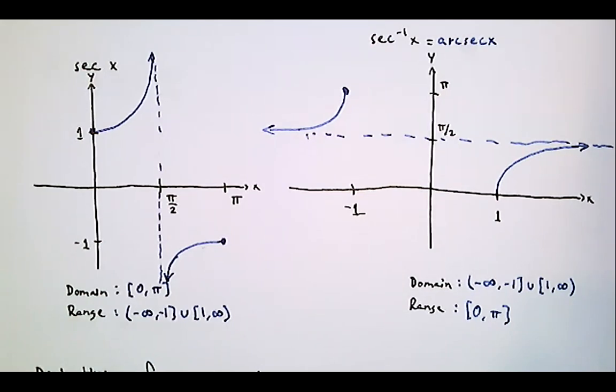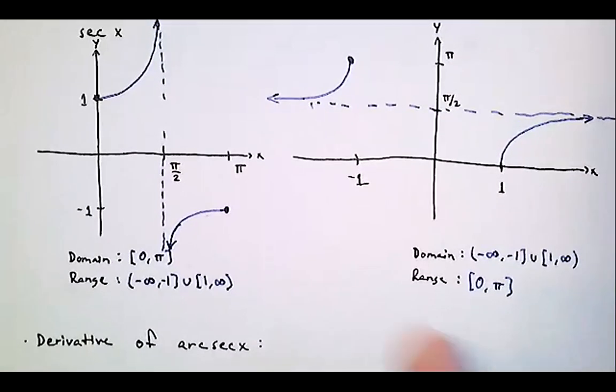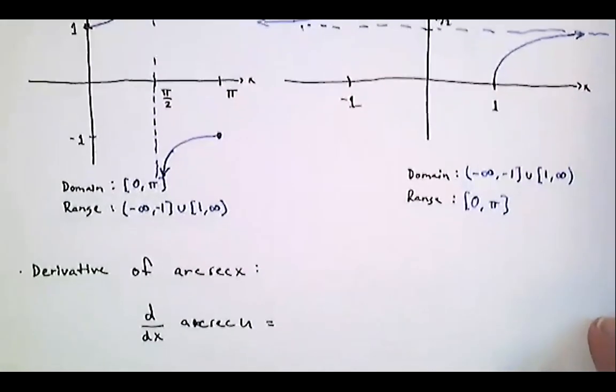Okay, so if there aren't any questions, I want to go ahead and move on to the derivative of arcsecant, so finding the slope of this new curve.